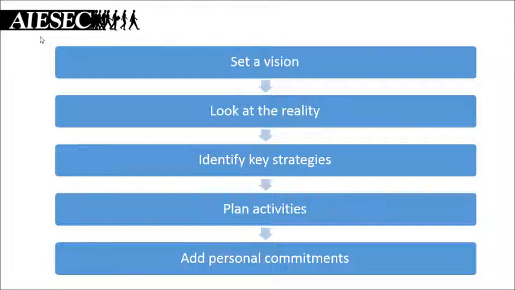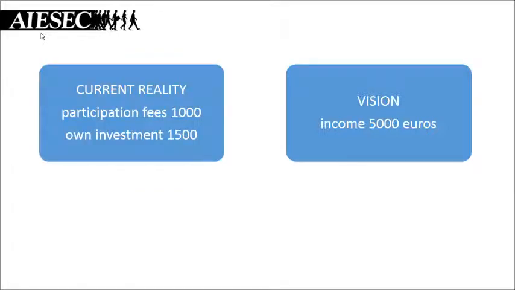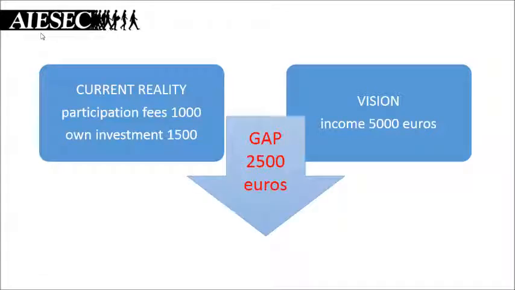I'll give you an example. Let's say that your vision requires a budget of 5,000 euros. Your organization can invest 1,500 euros, and you can cover 1,000 from participation fees. That leaves a 2,500 euro gap in your budget. How can you cover it? You have the option of applying to funds. You can ask companies for sponsorships.